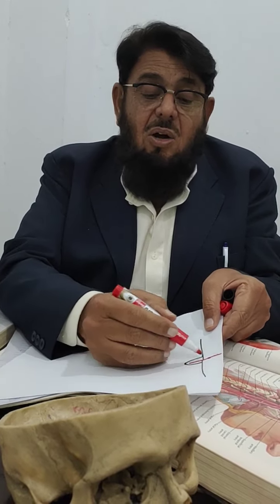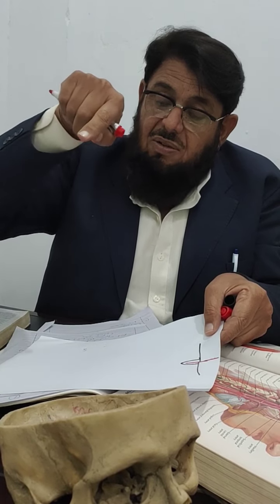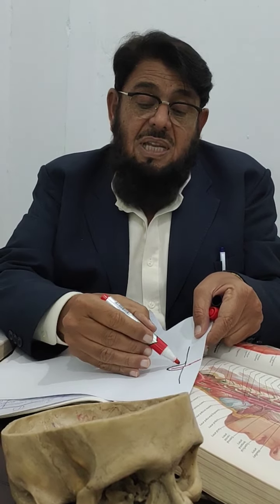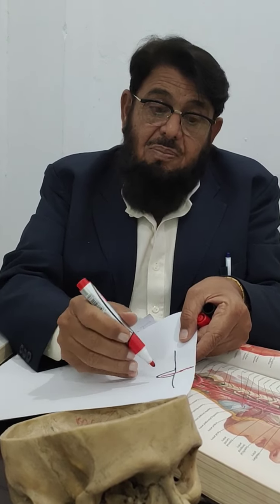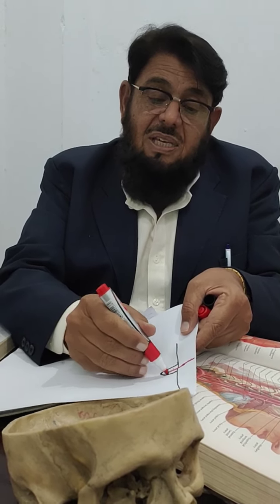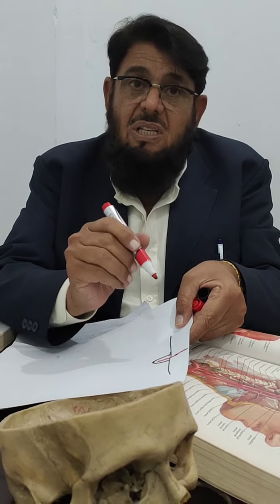This is the artery, and this is the fold of pia mater. When any artery enters into the brain tissue, perforating deeply, it takes a fold of pia mater. Is it clear? This contains the CSF over here. This is called the perivascular space. Okay.